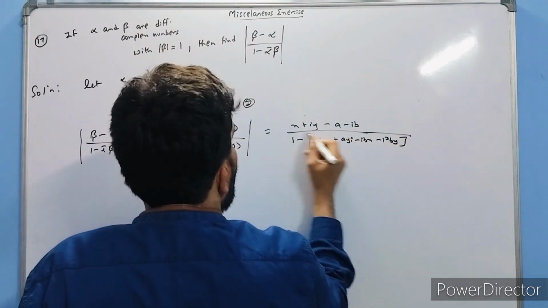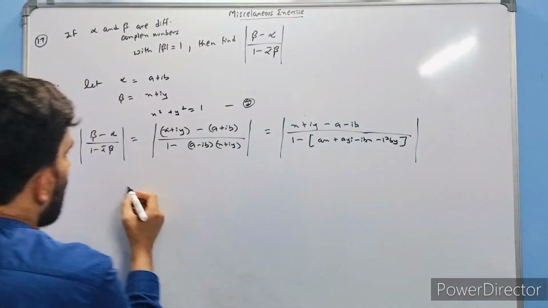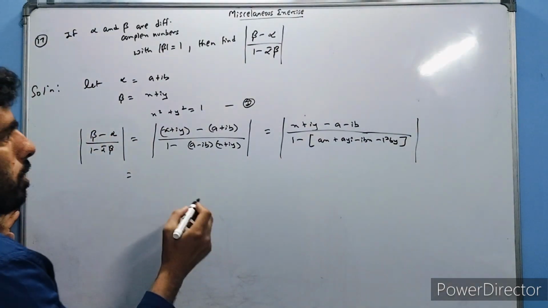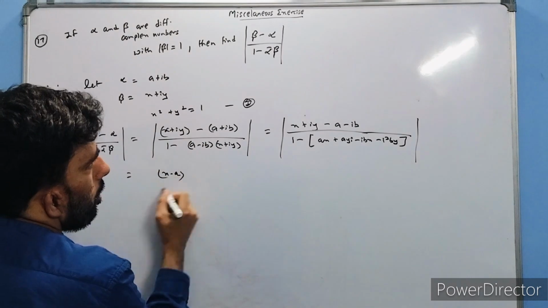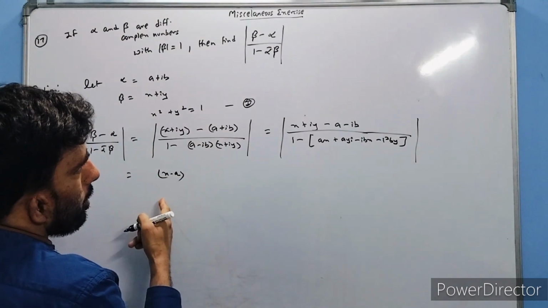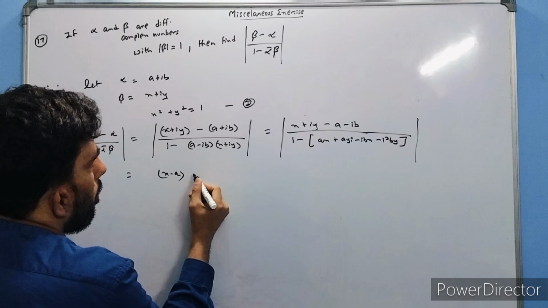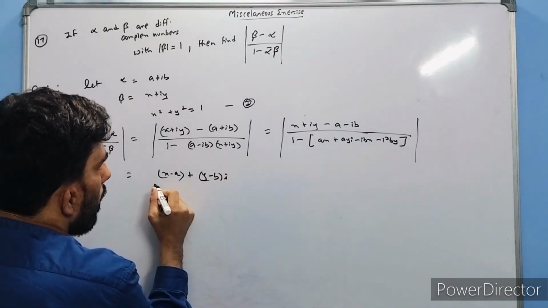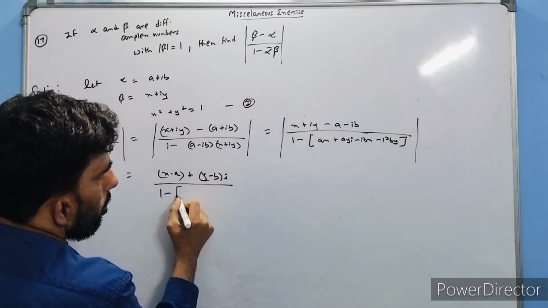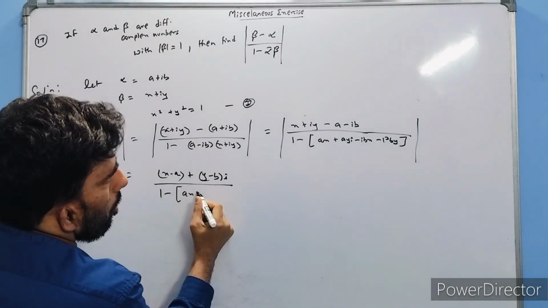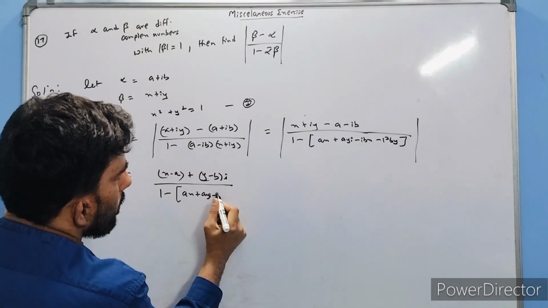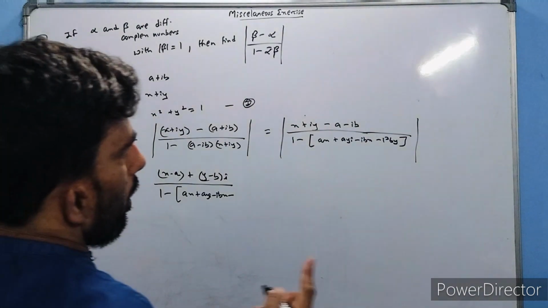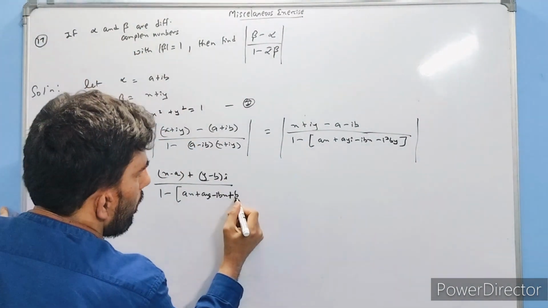Okay, so now we'll separate the real and imaginary numbers separately. So I have x minus a, plus i(y minus b), upon 1 minus, let's try to solve this, ax plus ayi minus ibx minus, now i² means minus, so plus by.